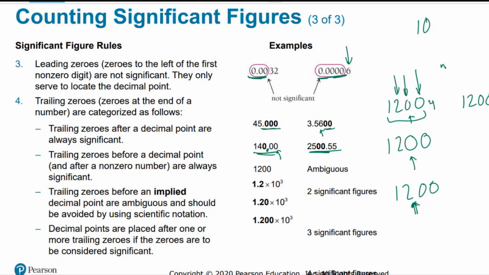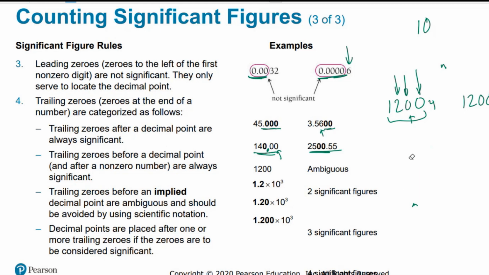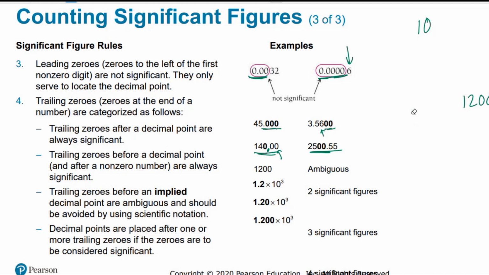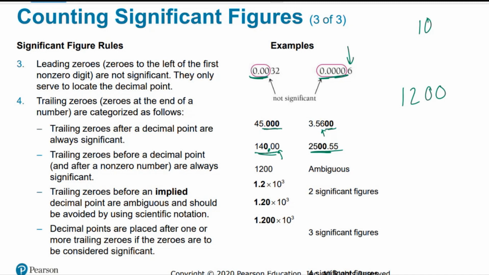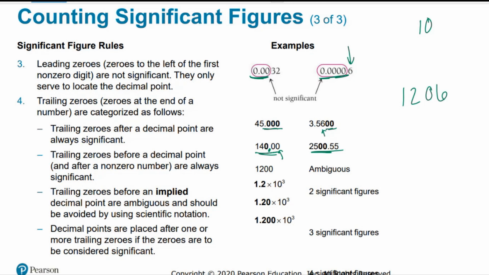And we report scientific notation by, let's go over that real quick. To convert a number to scientific notation, let's go back to our 1200. Let me change that to 1206, just to make it a little less ambiguous.